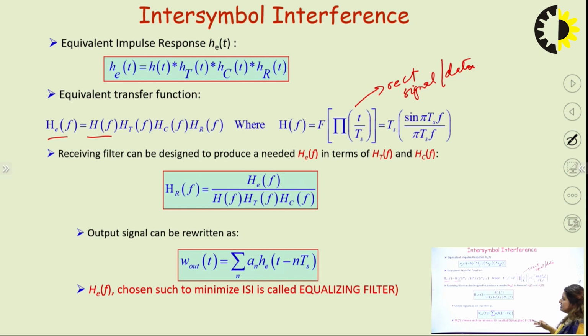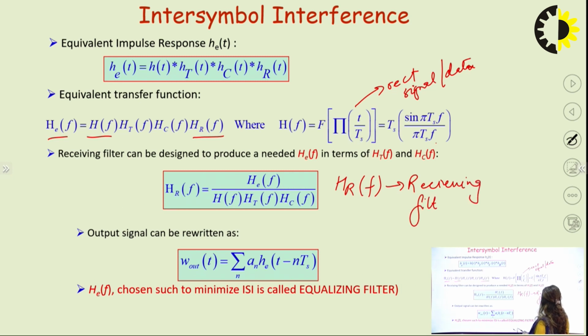Obviously a rect signal has a sinc type of Fourier transform: T_s sin(πT_s f)/(πT_s f), or you can easily write it as T_s sinc(πT_s f). Here H_R(f) is the receiving filter transfer function, which we have basically obtained from h_R(t).